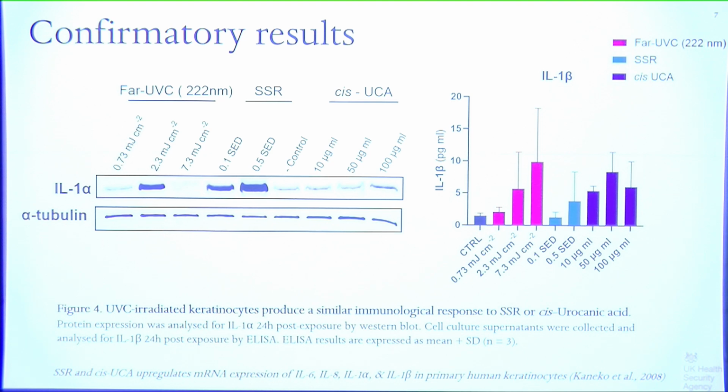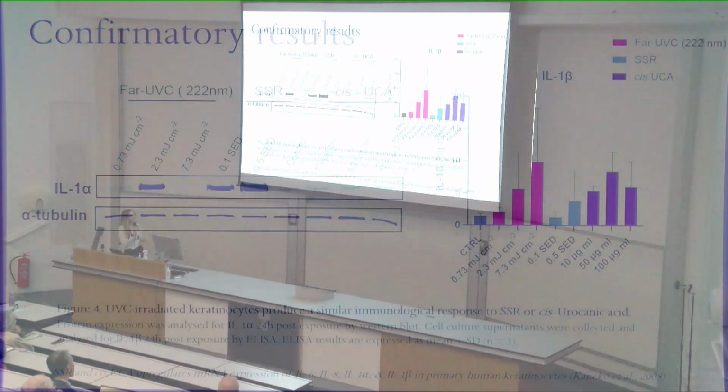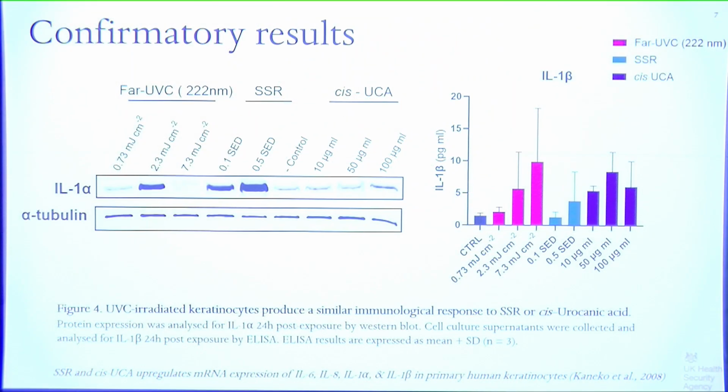You can see expression peaks at 2.3 millijoules per centimeter squared, which is identical to the 0.1 SED of solar-irradiated keratinocytes. IL-1 beta, on the other hand, you get a dose-dependent increase with the UVC-exposed keratinocytes, with levels more or less consistent with ICFUST, but you still get that same trend with the solar-irradiated keratinocytes.